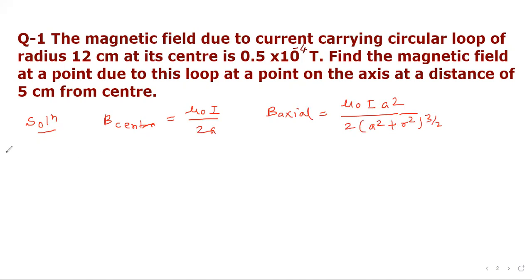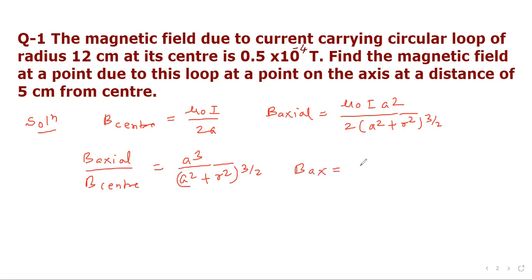So B axial divided by B center will be equal to, other terms will cancel out, and then we will get A cube divided by A square plus R square power 3 by 2, or B axial equal to B center multiplied by A cube divided by A square plus R square power 3 by 2.